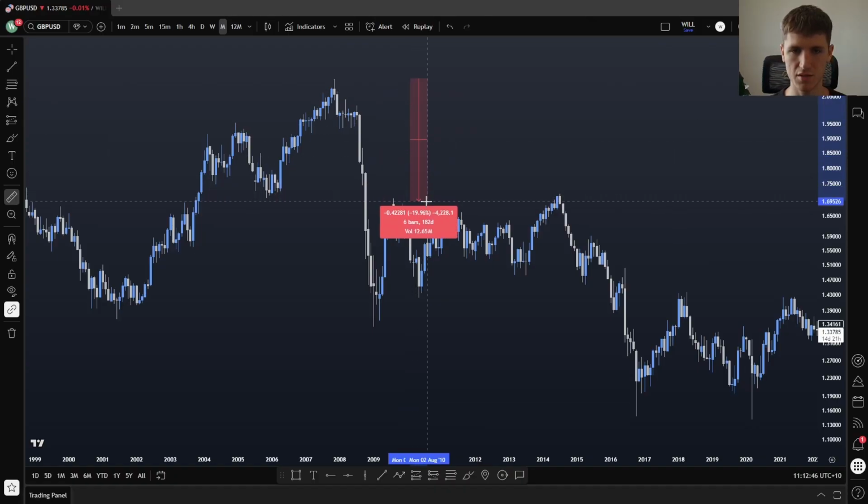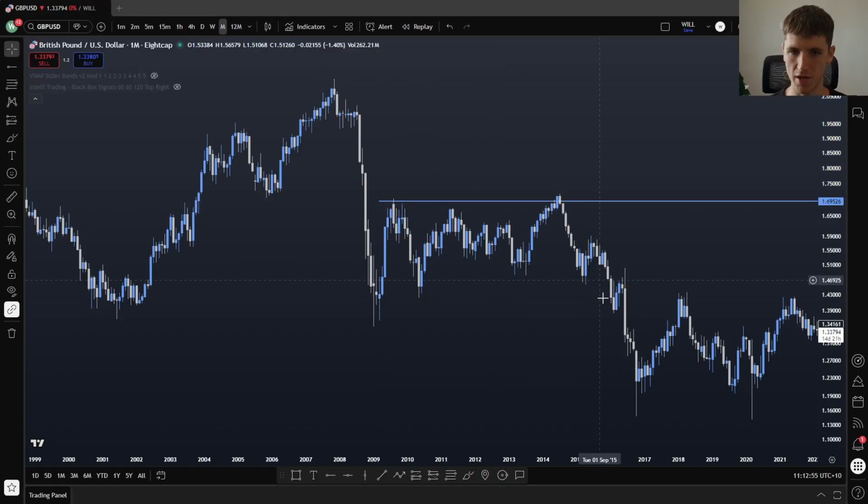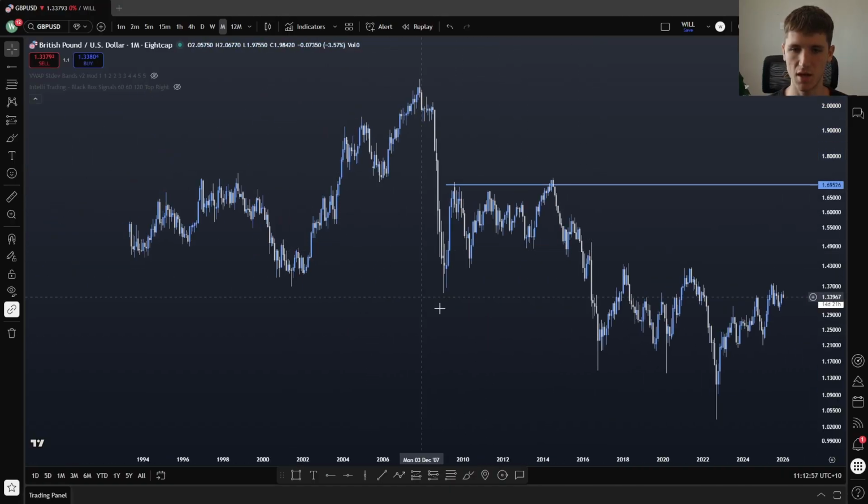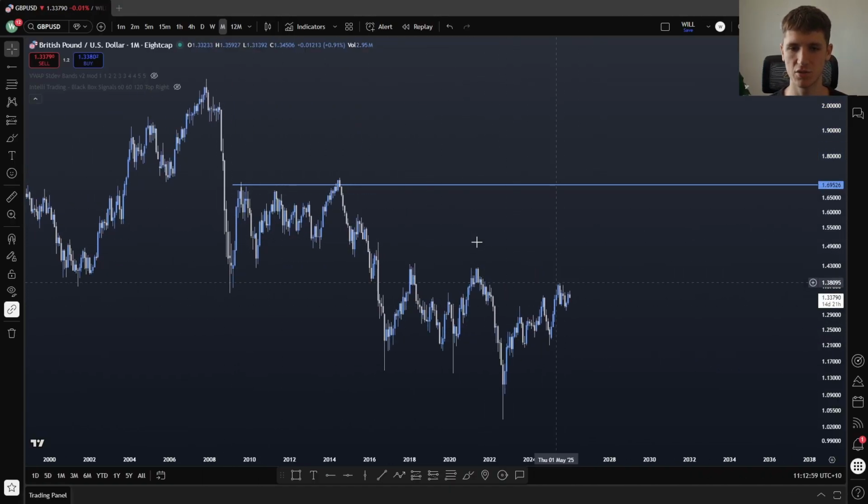So that is roughly there. What we'll do is we'll put a horizontal ray there. That's the 20% mark. As you can see, price action, even now currently, is below that 20% mark. So GBP USD as a whole is bearish.